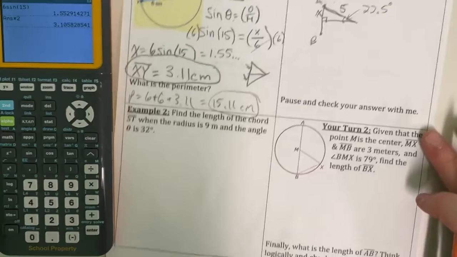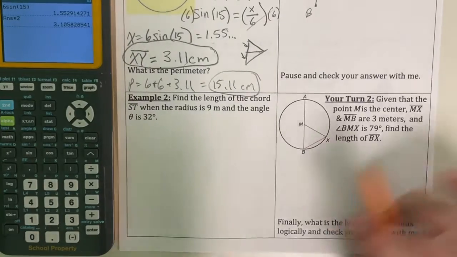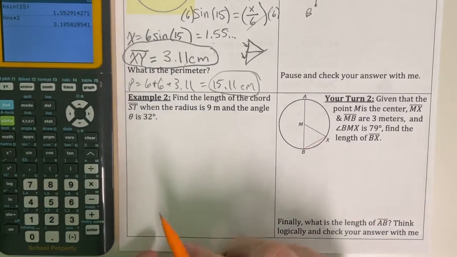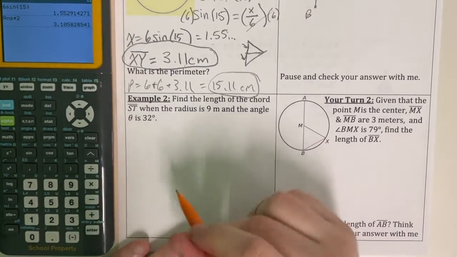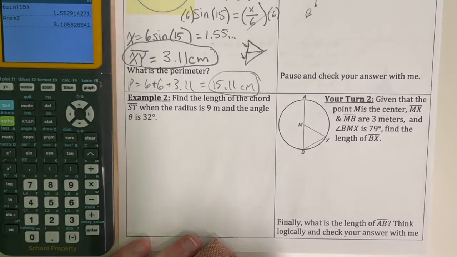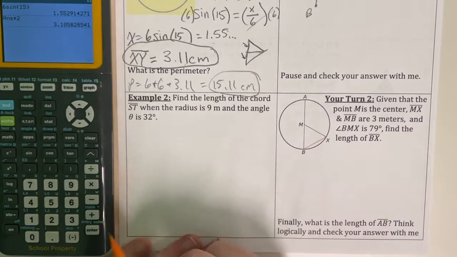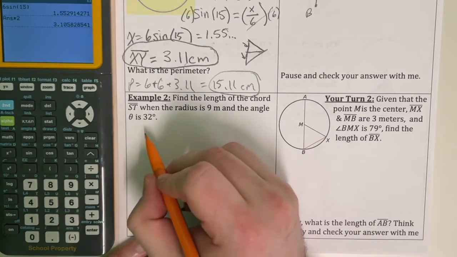All right, in example 2, towards the bottom, it says find the length of the chord ST when the radius is 9 and the angle is 32. So let's draw it out.